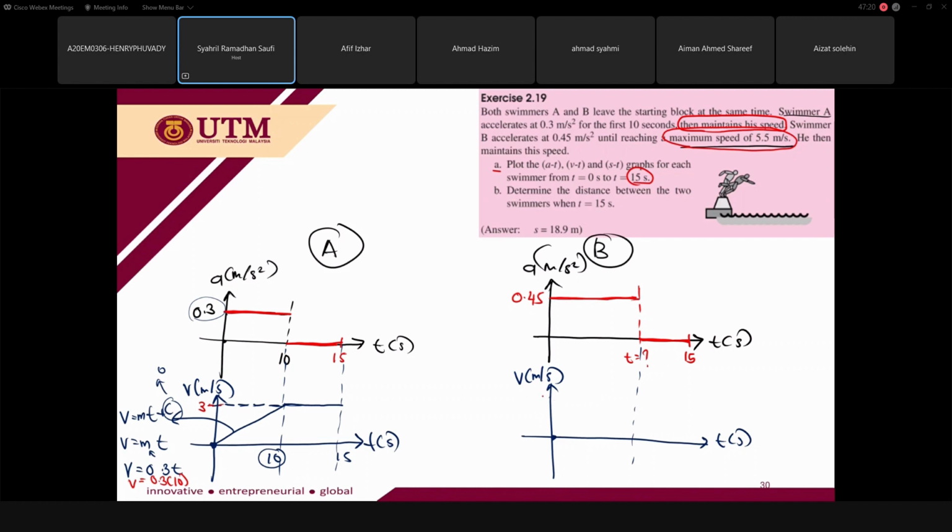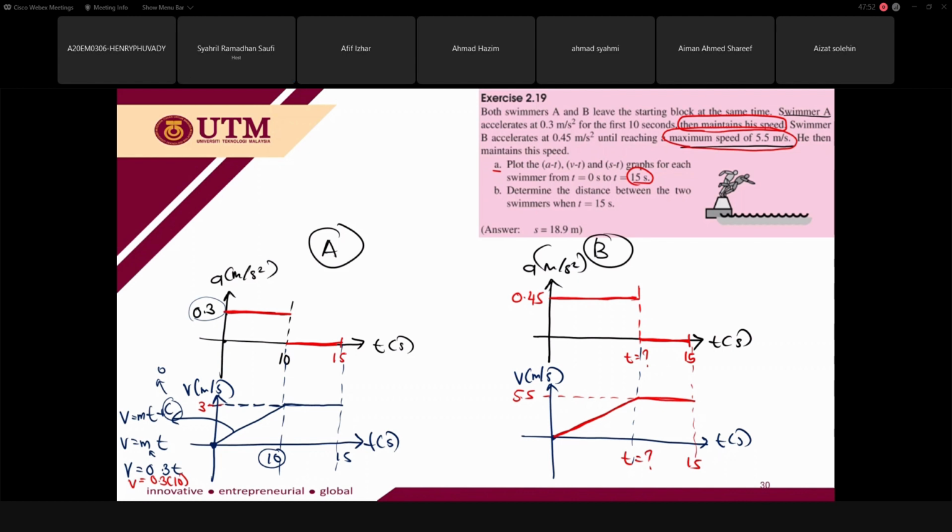So the maximum here is 5.5, and here should be your graph. 5.5 meter per second, and then it maintains that speed until 15 seconds. So 15, and here is still unknown time.